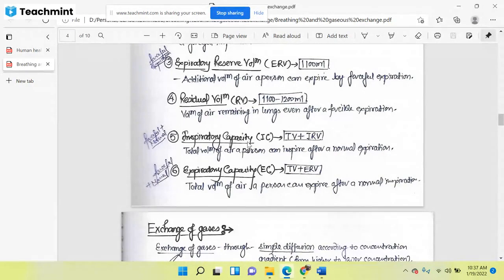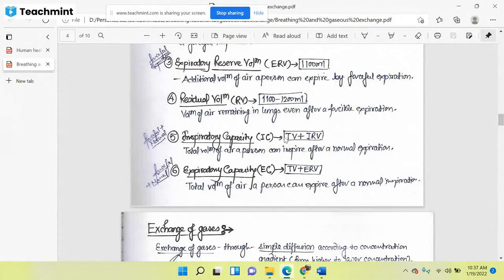Both are combined together, and the term used is inspiratory capacity. It means the capacity of a person to inhale the normal air along with the forceful inspiratory air.